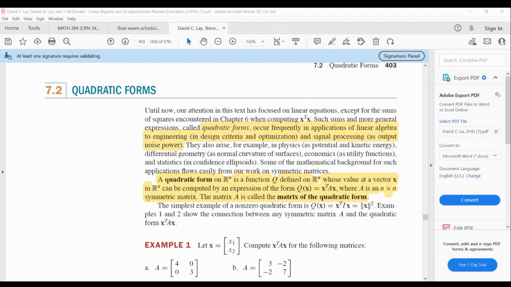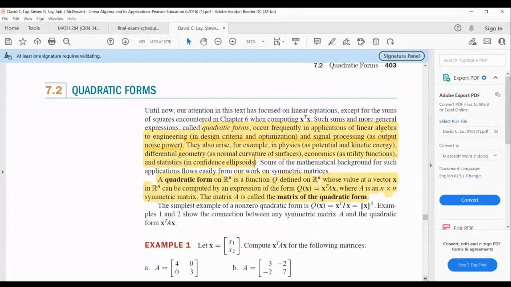And then it also mentions that it comes up in physics, in regards to potential and kinetic energy, differential geometry, economics as utility functions. That's actually talked about in section 7.4, and then in statistics, and I've seen that in my own work. So quadratic forms are a concept that's important for you to see.